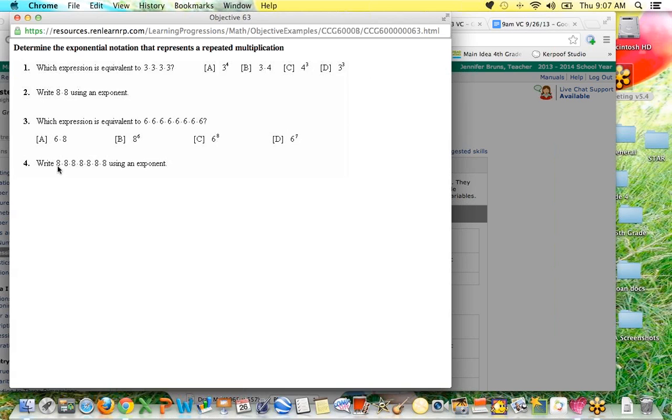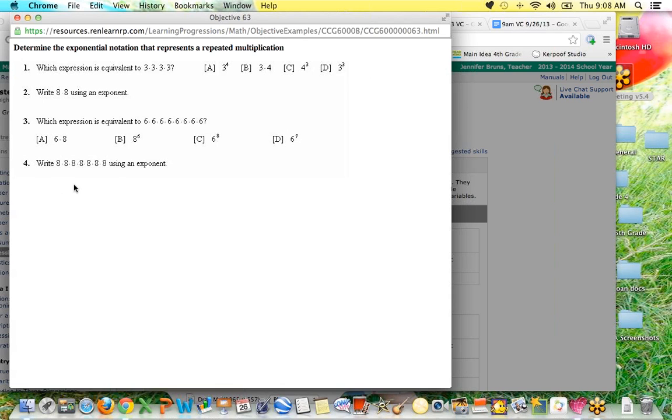All right, and here we go. Number 4, write 8 times 8 times 8 times 8 times 8 times 8 times 8 using an exponent instead of this ugly expression. So that would be 8 to the... I'm trying to think, is there a word for it?